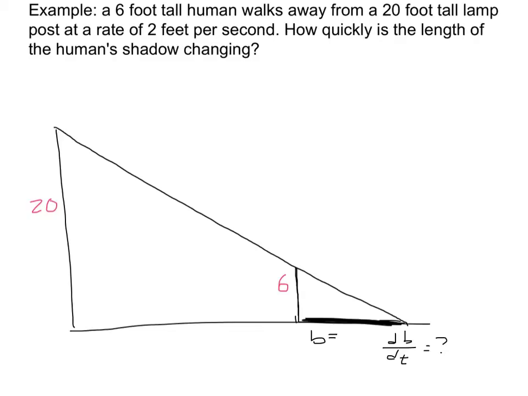Now, the only other piece of information we're given is that this person is walking away from a lamppost at a rate of 2 feet per second. So the question is, where should that rate be? How should we label that?